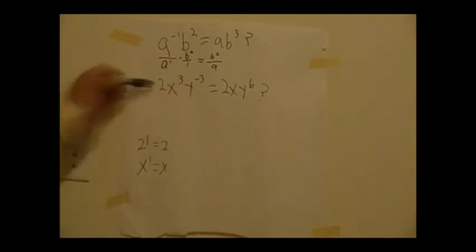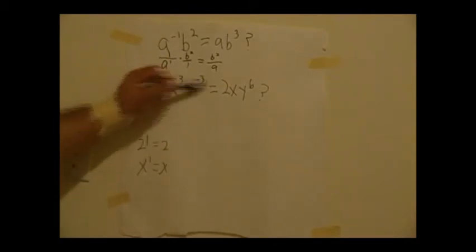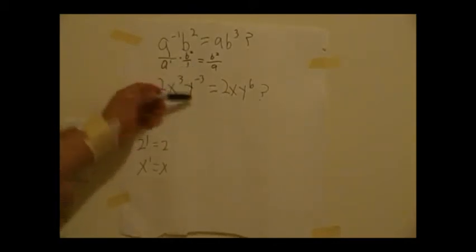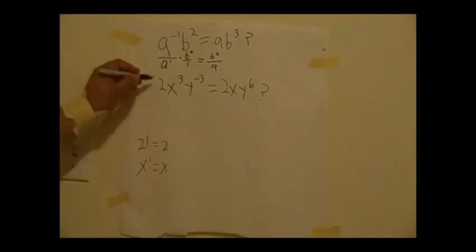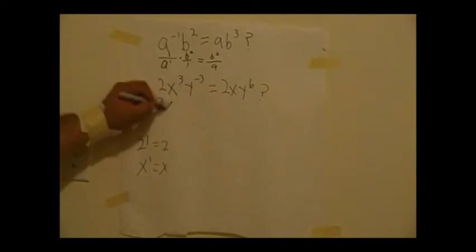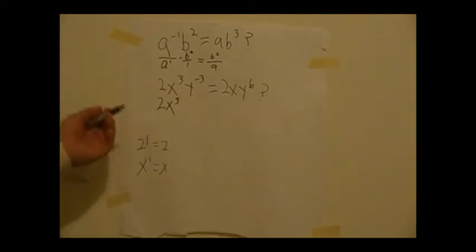So the only thing we can really do to this is change the negative powers into positive powers, right? So that's going to be 2x cubed. Okay, let's look here. Remember, it's y to the negative 3rd power. We can rewrite it as a fraction.